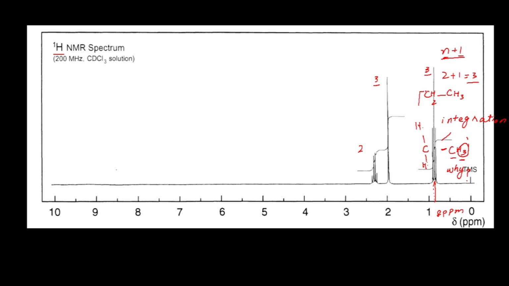Okay, so we find this information from this peak, and here this integration value shows that 3 protons are present and a single peak is present. It means it is attached with that carbon which is not attached to any other proton.